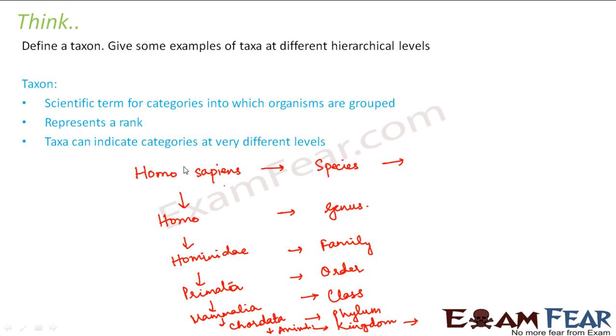There are many types of human beings, but they all fall under a single taxa. Similarly, when I talk about the genus Homo, that also denotes a taxa. The family Hominidae, that again denotes a taxa. So taxa define categories and these categories exist at all different levels.